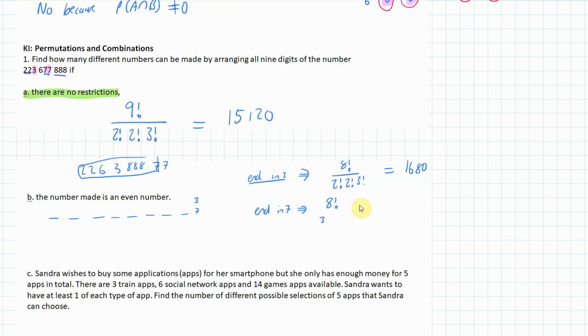There's a triple up of the 8's and a double up of the 2's. So it should be 8 factorial divided by 3 factorial and 2 factorial, so 6, 6, 12, 3360.